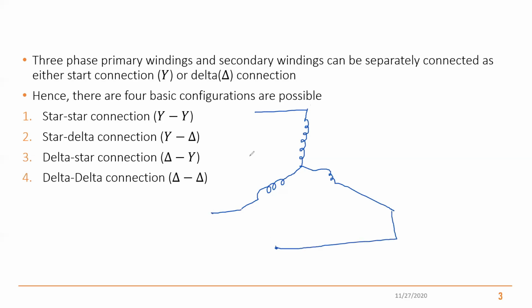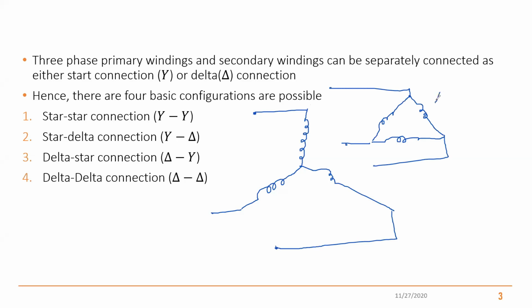If you connect three coils in this manner, we call it a star connection. The delta connection is like this, in a triangular formation, and these corners are the terminals.